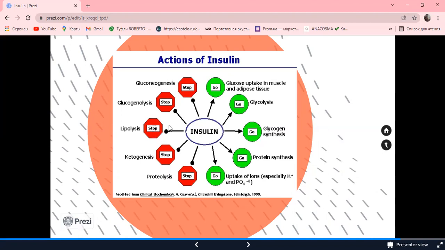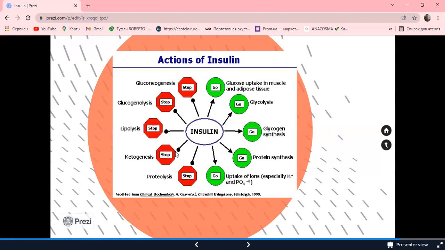Insulin inhibits beta oxidation of free fatty acids, and that is why insulin inhibits the production of ketone bodies. If you know, ketone bodies are products of incomplete oxidation of free fatty acids. If insulin inhibits beta oxidation, insulin at the same time inhibits the production of ketone bodies.